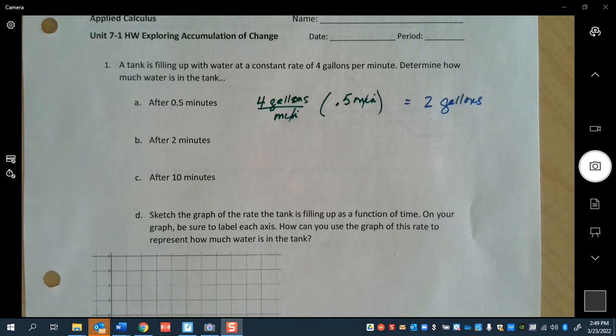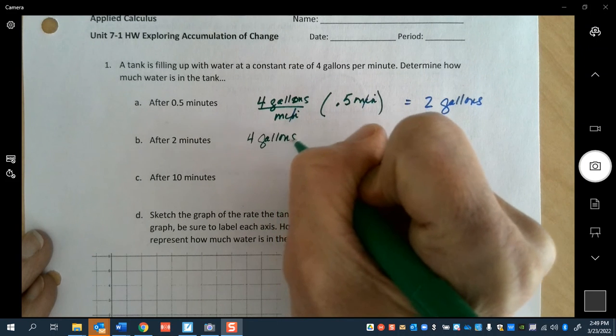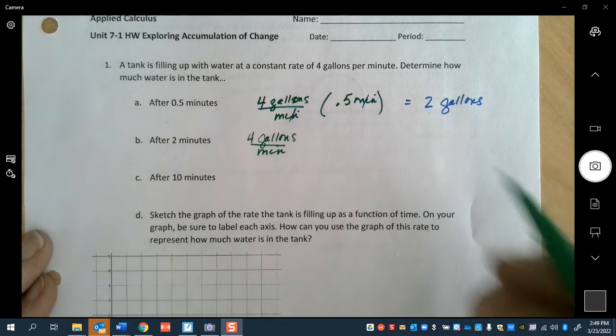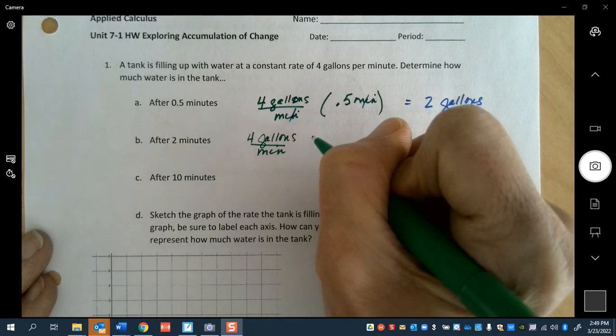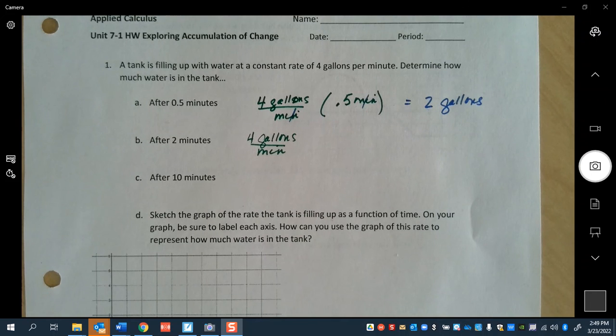All right, after 2 minutes, what do I have? Since it's a constant rate, do I need to adjust my values like I had to do for Alice?